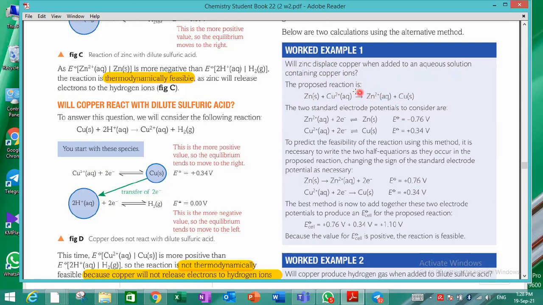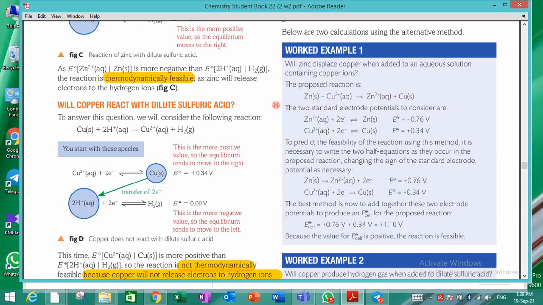First, we have to take the equation and split it into two half equations. We will find every two similar species together, zinc and zinc ions, and copper ions with copper. Then we are going to open the data booklet and write what?